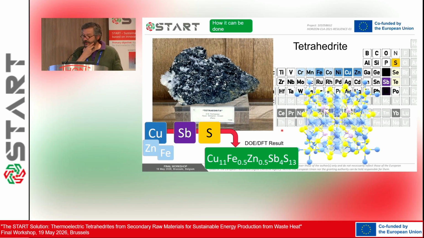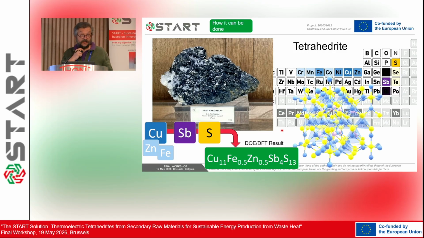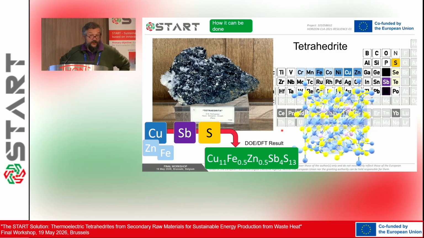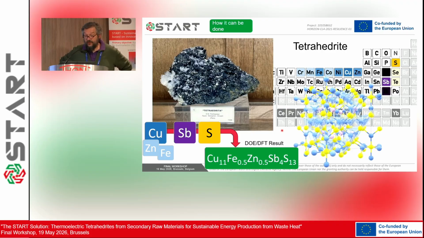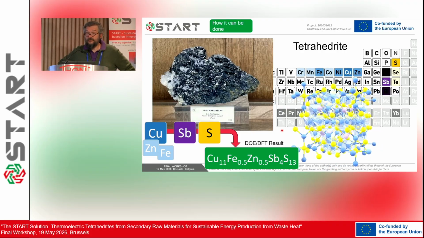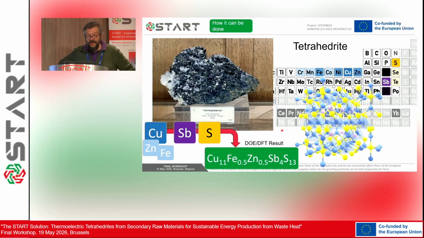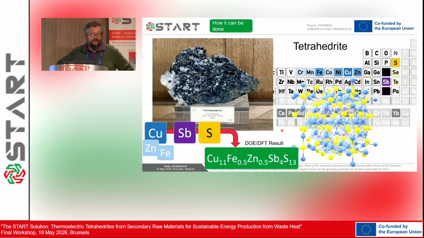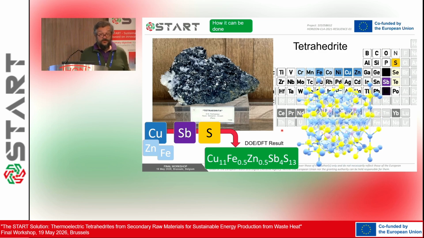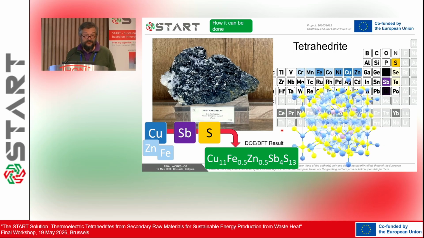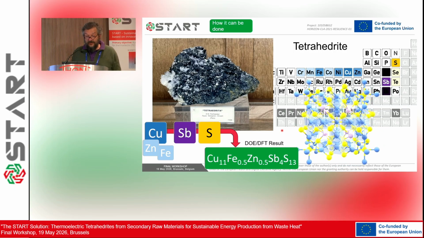There has been a lot of work at the beginning of the project, in the first and second year, in order to try to identify the optimal composition for the tetrahedrite. The tetrahedrite structure, as we are seeing here, is quite specific, but the copper sites can be substituted by many elements.